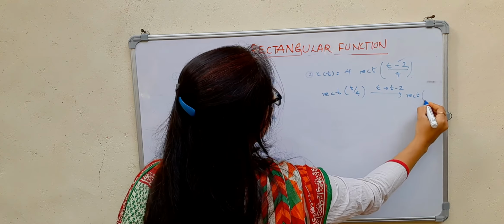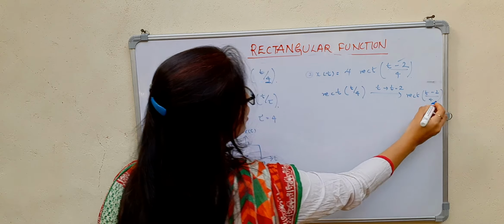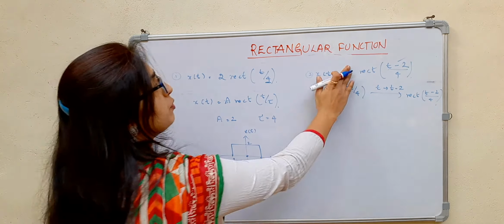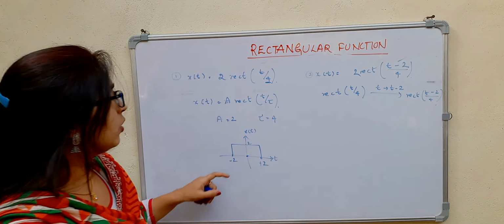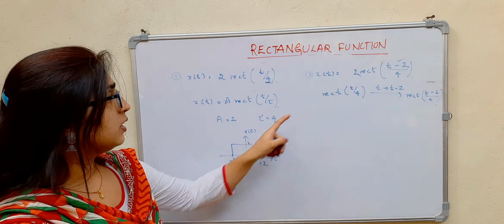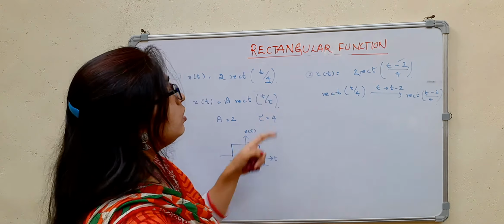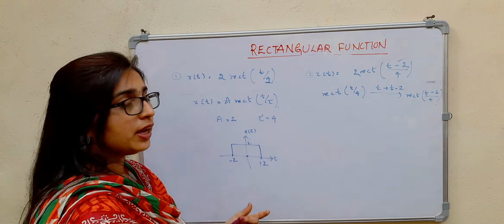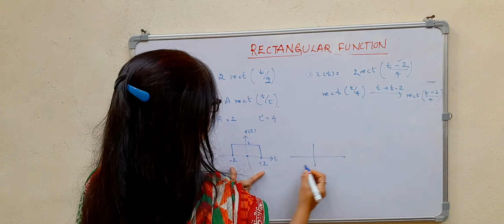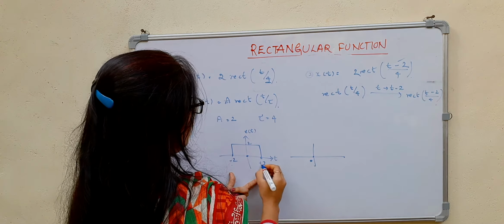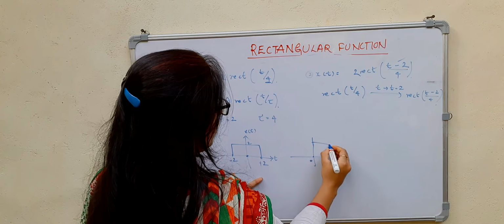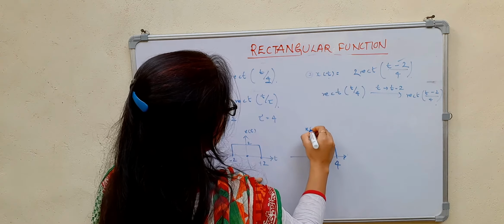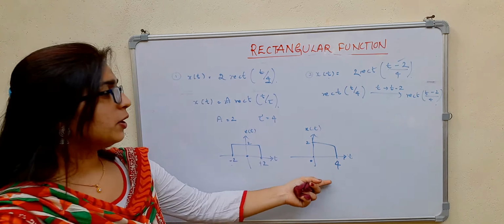Then you will get rectangular t minus 2 by 4. We will consider this as 2 only. So this function is 2 rectangular t by 4. Now what happens? It will be shifted towards the right by 2 units. That means minus 2 plus 2, it will be 0. It is 4. So this will be your x of t.